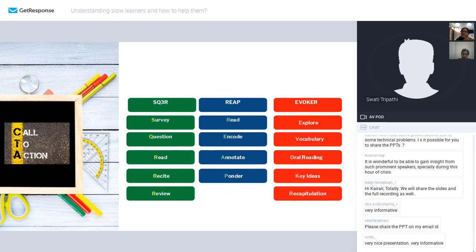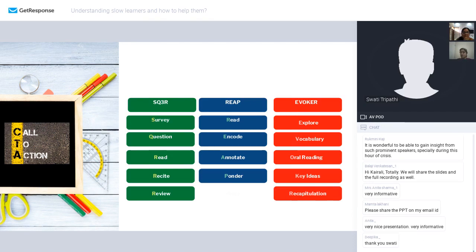Then you can provide them with peer tutors. You can encourage oral expression instead of written expression, as Dr. Simi said. And lastly, you have to be very considerate. And if you try and use these methods, everyone will learn. Slow learners will also learn, but at the same time, all others will also learn.